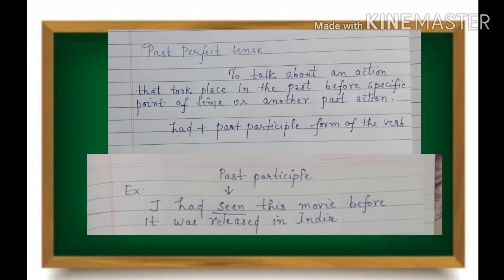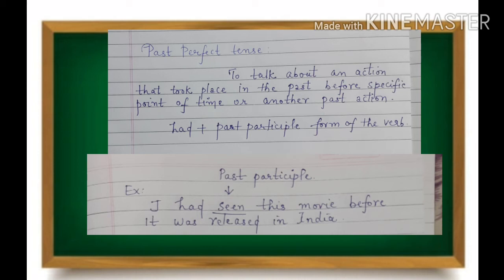I had seen this movie before it was released in India. So we are getting a specific point of time, when this particular film got released in India. Before that, she saw this movie, right?